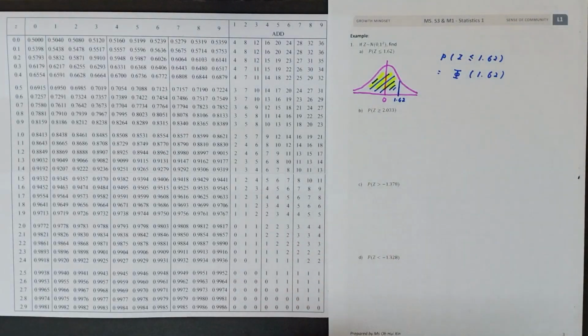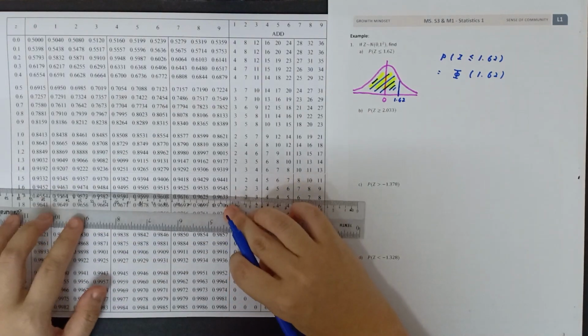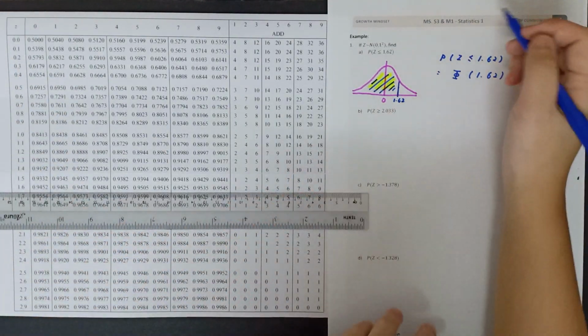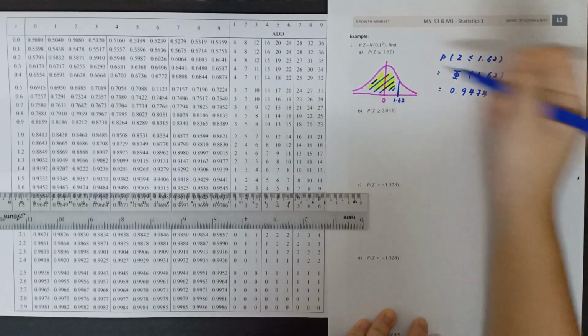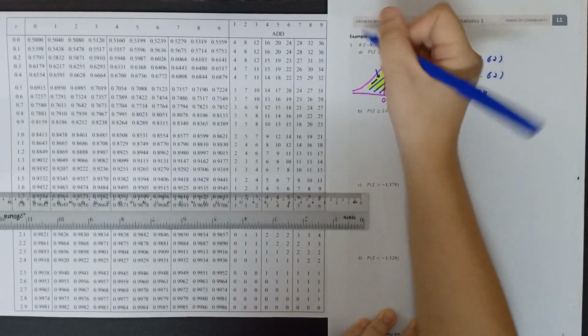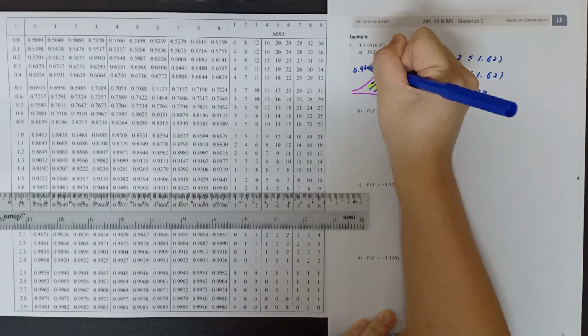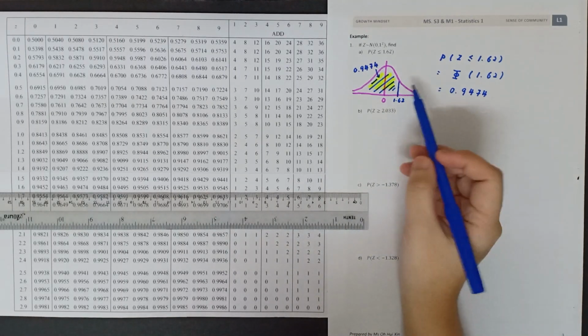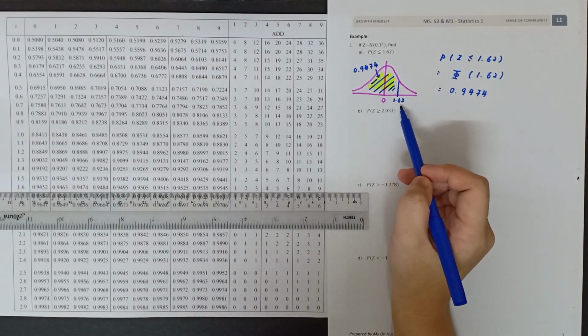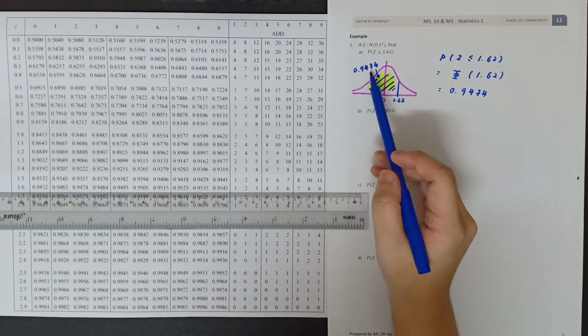Okay, so 1.62. You are going to find it in your table: 1.6 and after that 2. So it's going to be 0.9474. So what does that mean? It basically means the area that you shaded here is equal to 0.9474. In words, it means that in a standard normal distribution, the probability for you to get a random variable that is smaller than 1.62 is 0.9474.